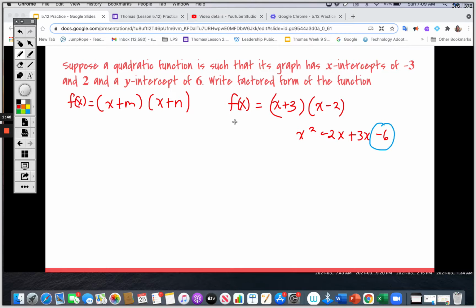So this would become f of x is equal to negative 1 times (x plus 3)(x minus 2). All right, so that would be the factored form of our equation.